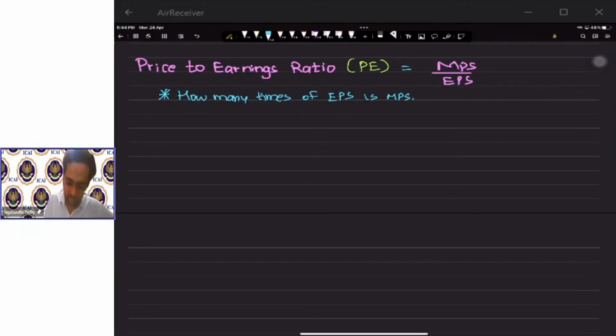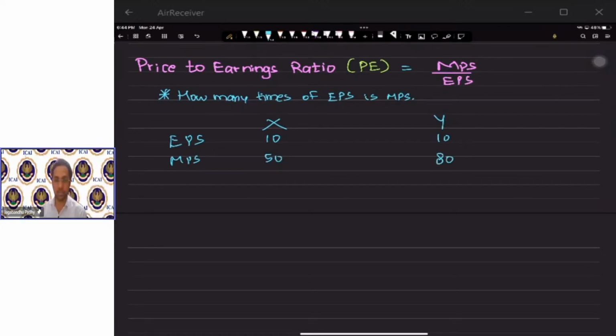So let us say there are two companies, X and Y. Both of them have the same earning of 10 rupees, but they have different market prices. X has a market price of 50, Y has a market price of 80. If we compute the PE ratio, which is market price to EPS, here we have 5 and here we have 8.